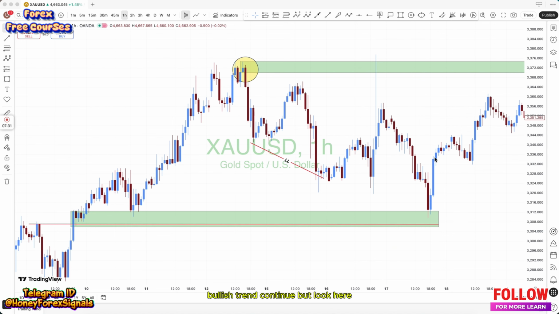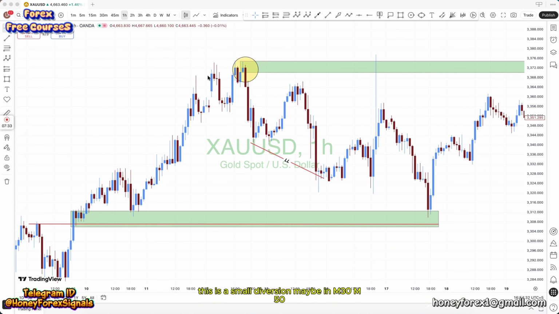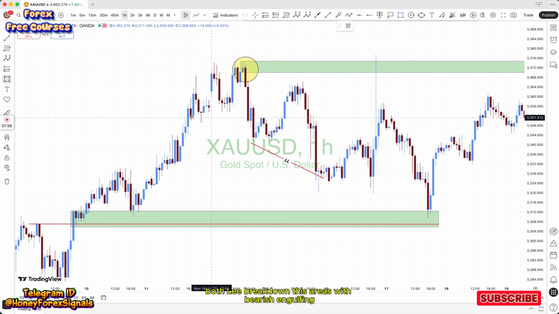bullish trend continues, but look here. This is a small divergence maybe in M30 and 50. So look, bearish engulfing, bearish engulfing and the market goes down. This is our resistance base resistance demand area, and this is our base area, so the market broke down both of these areas with bearish engulfing.